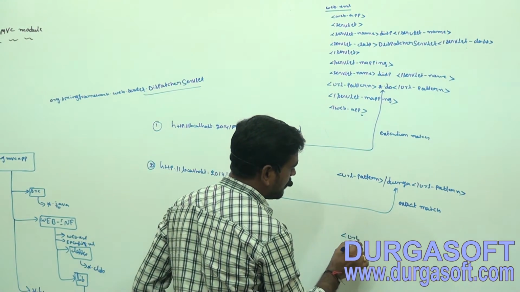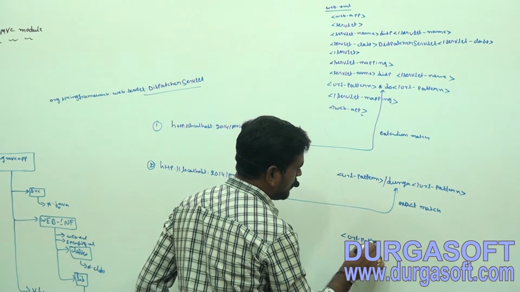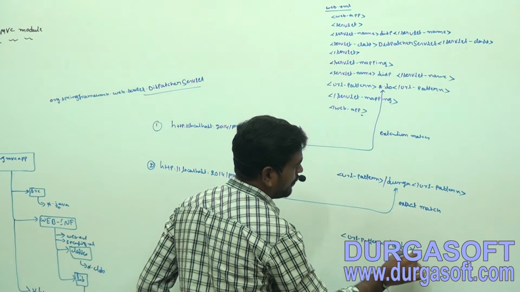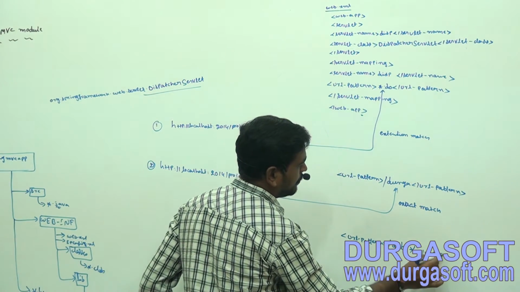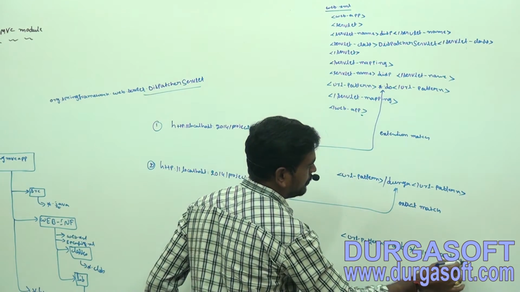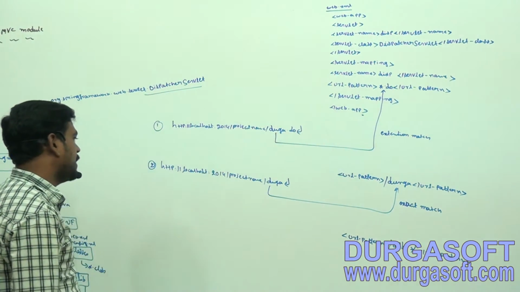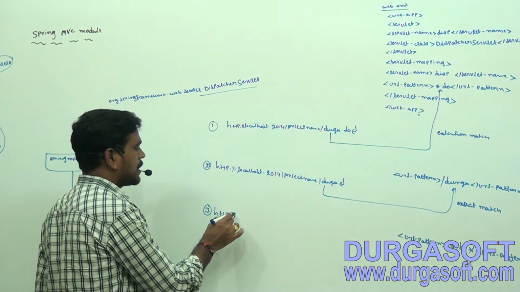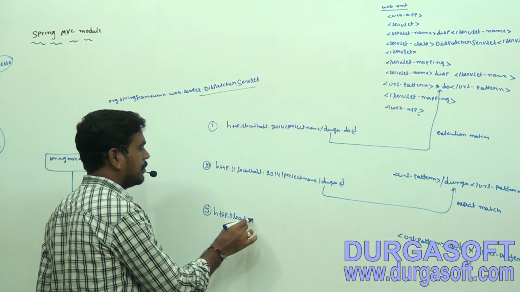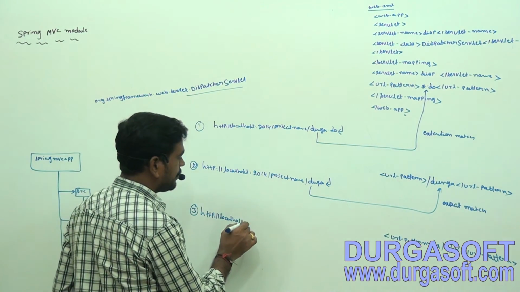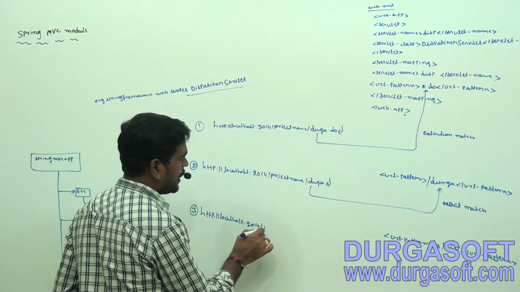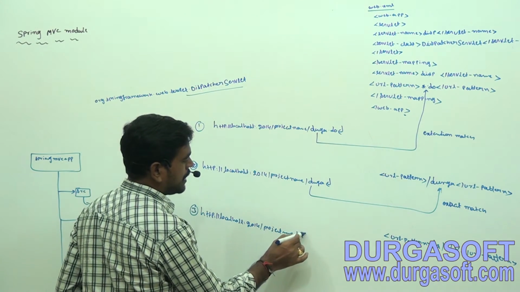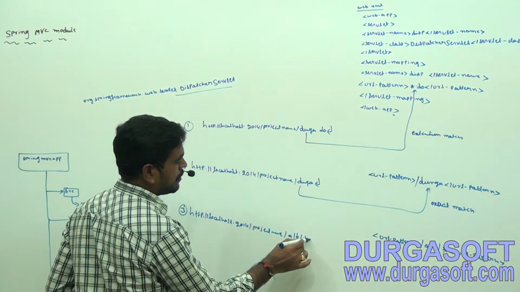The next, one more URL pattern is there, directory match. URL pattern a/b/star. Close the URL pattern. Now here http://localhost:2014, project name, a/b/Durga.